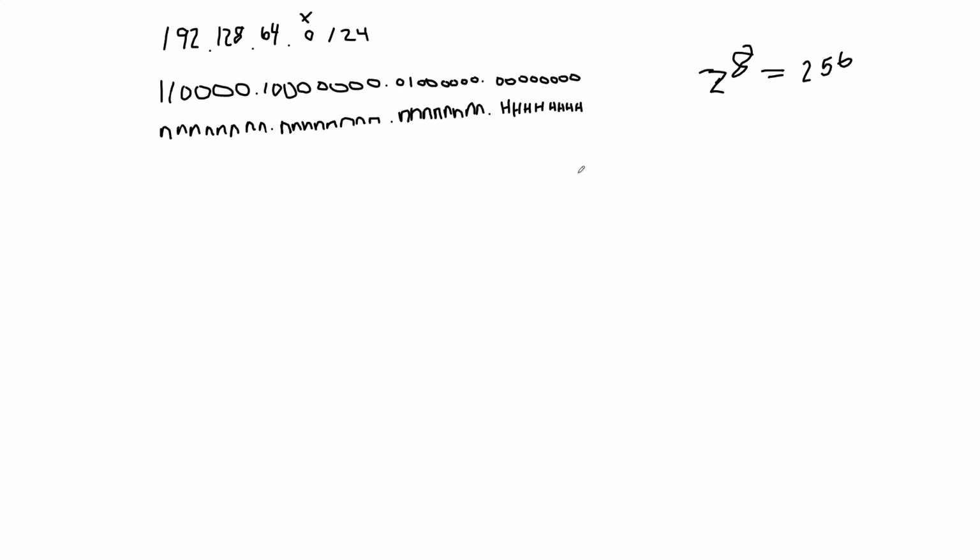So I have 4 departments. I want to break this big network into 4 smaller networks. First thing I need to do is figure out how many bits I need to represent the number 4.